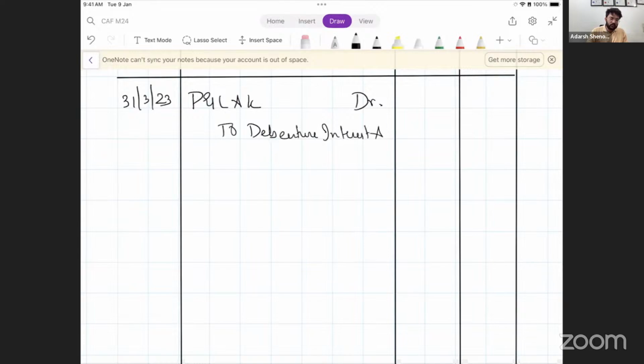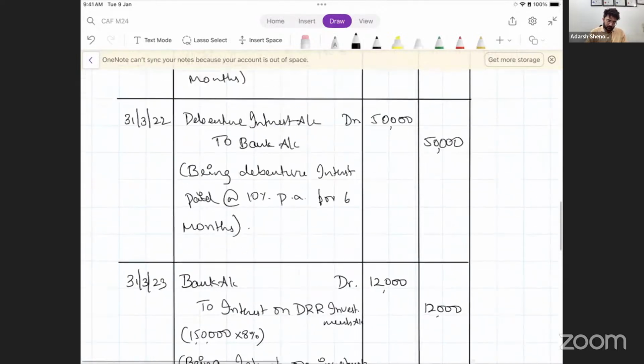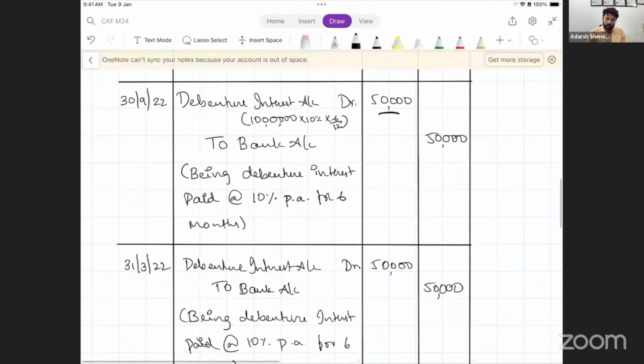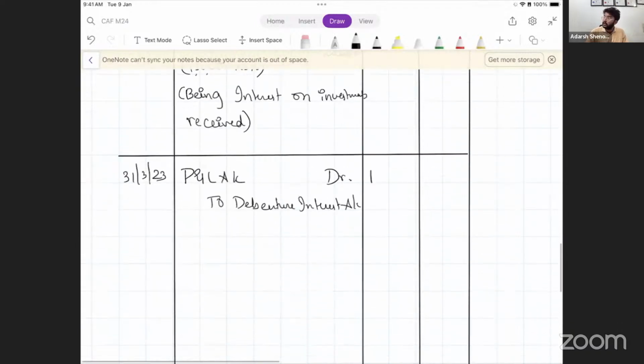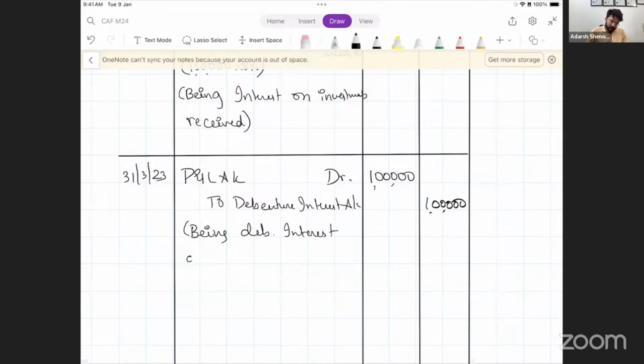What is the total debenture interest? Not just for 6 months, but the total. Total expense of the year is 1 lakh. So that will be transferred to the profit and loss account. Being debenture interest account transferred to profit and loss.